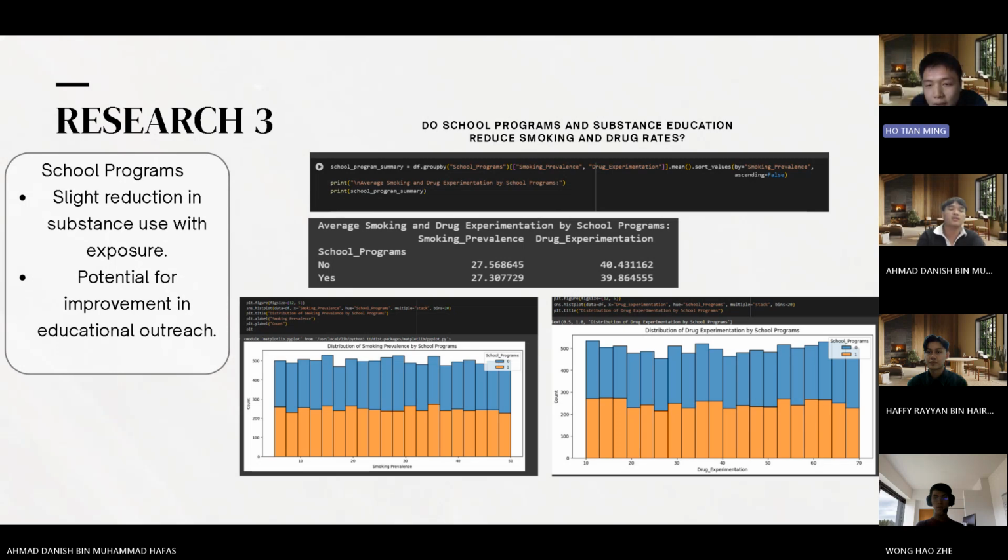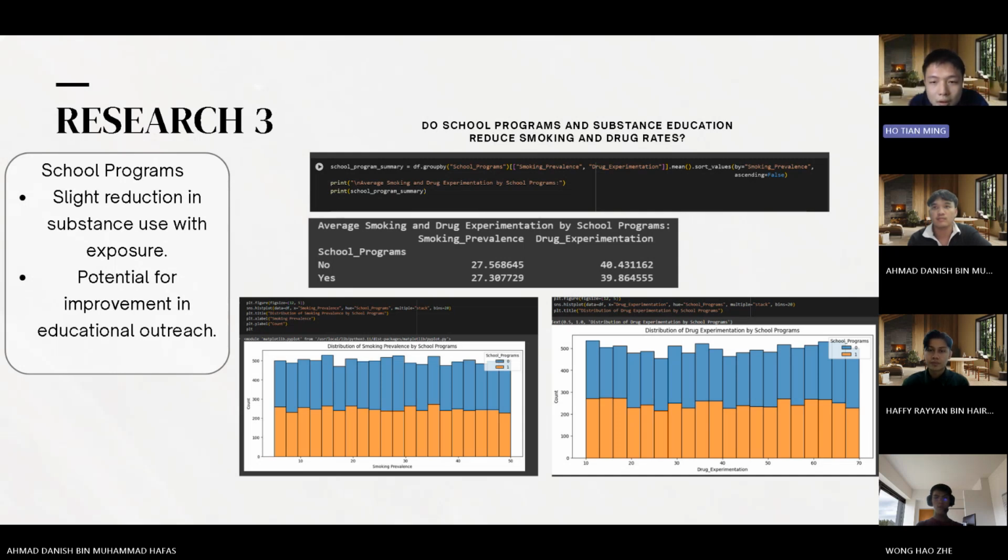Firstly, we group by school programs, use smoking prevalence and drug experimentation, calculate their means, and sort them in descending order.